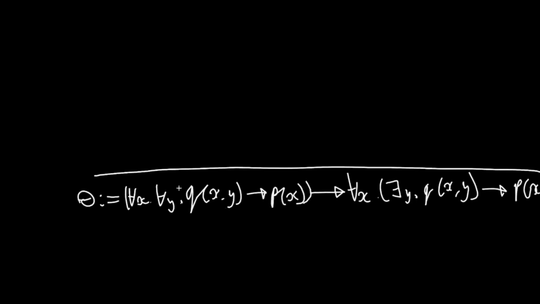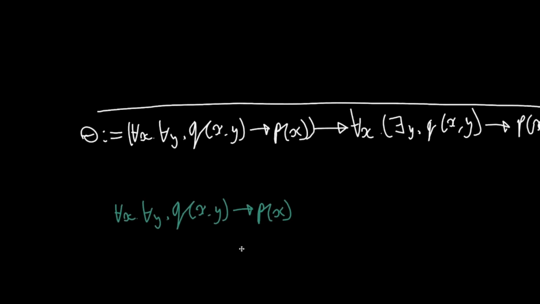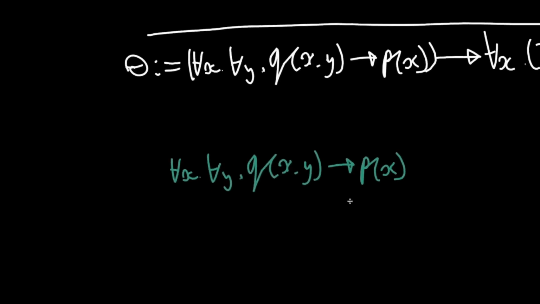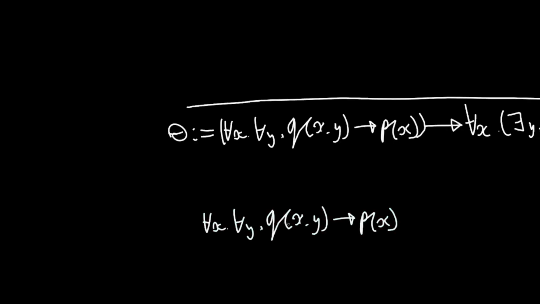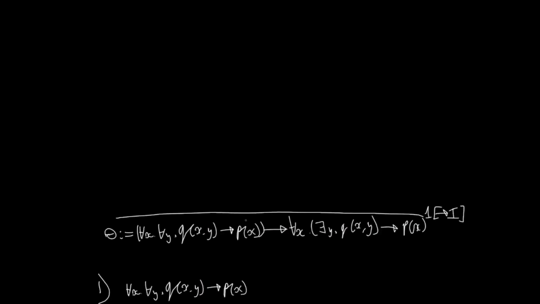So our first step is going to be an implication introduction. I'm going to take this for all x, for all y, if q of xy, then p of x, as our assumption number 1, which means that this is what we're trying to prove.